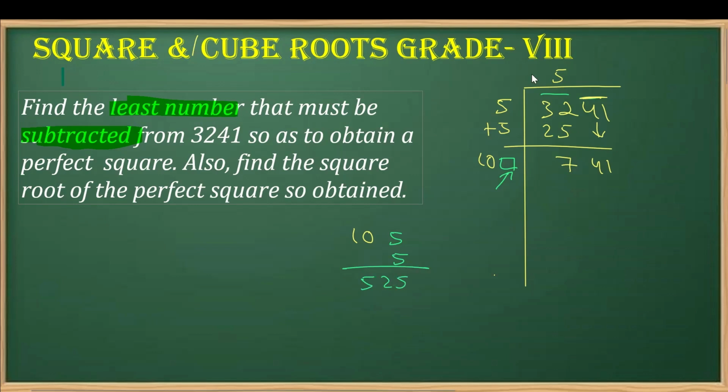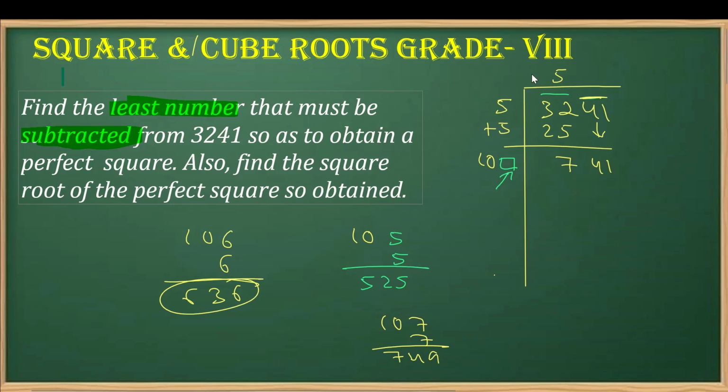But then we have to verify by trying another number, next to 5 is 6. If I place 6, it is 636, still smaller than this. And if I place 7 over here, it comes to 749. As we are looking for a number smaller than 741, we have to take 6.